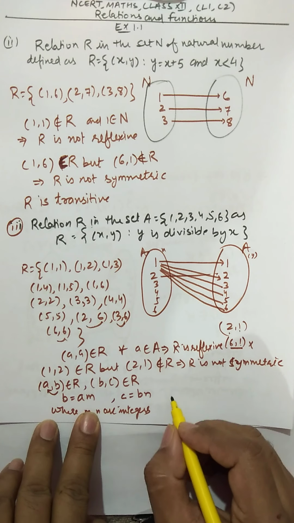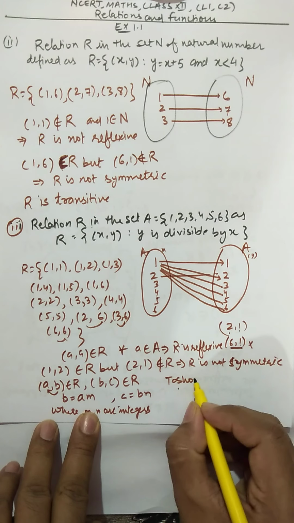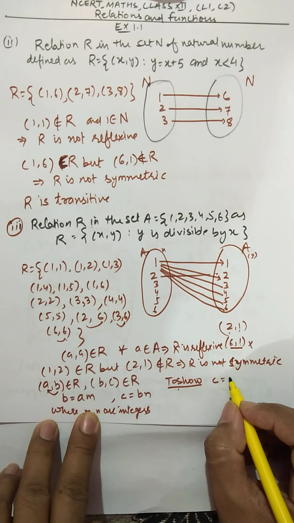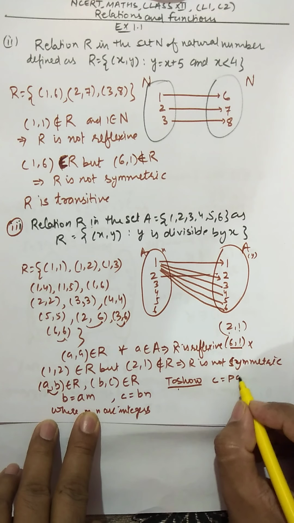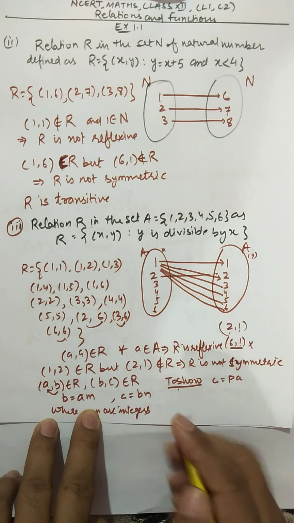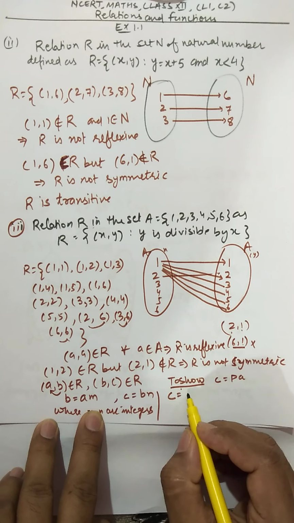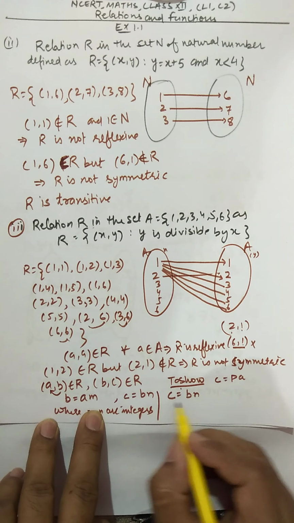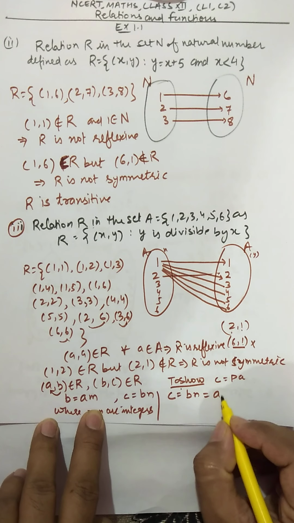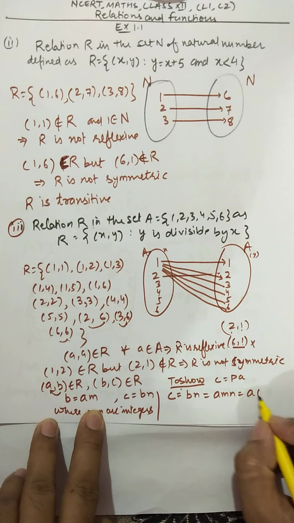Okay, so now I have to show (a, c) belongs to R. It means I have to show that c is equal to some number, let's say p times a. c is divisible by a. So I have to show something like this. So I start with c = bn, and b is am, as given, so it can be written as c = a(mn).